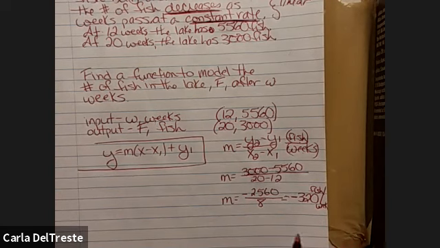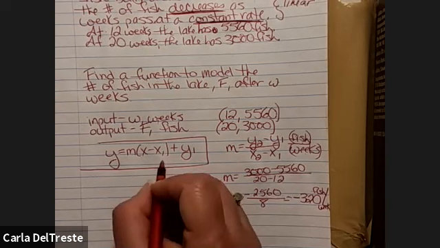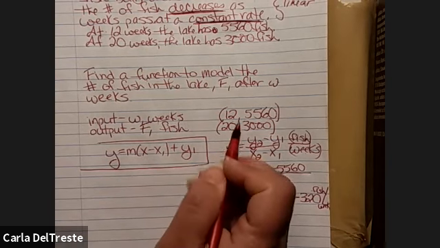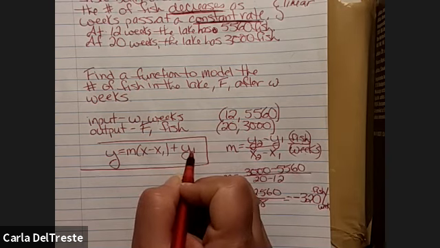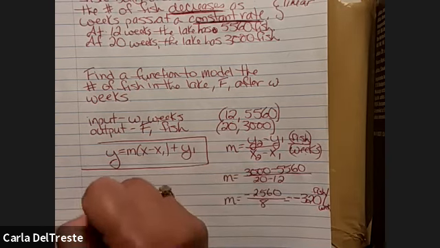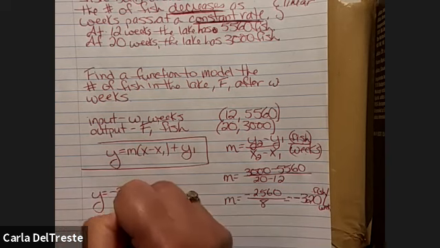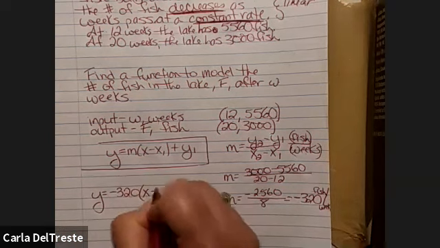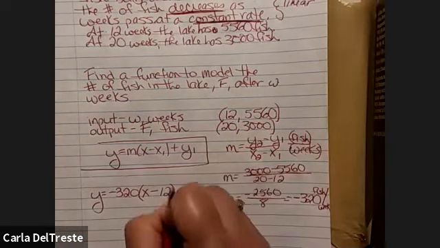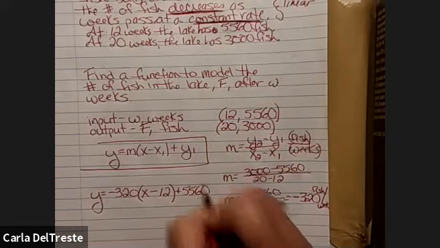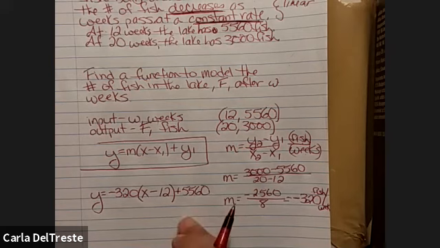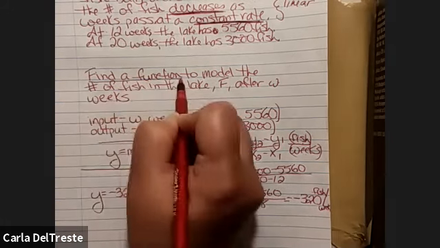Now I can jump in, and because I don't know the y-intercept, I can plug in an x1, y1. So this will be y equals negative 320 times (x minus 12) plus 5560, using the first point. All they asked for was find a function.